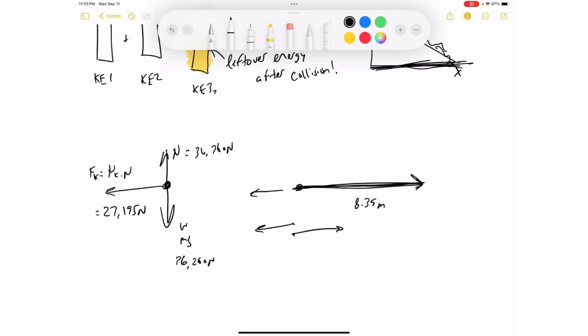So if you were to look at this from a graph perspective, this is the force, and over here, x, this is distance, x in meters, of course. And the force, of course, is 27,195 newtons.